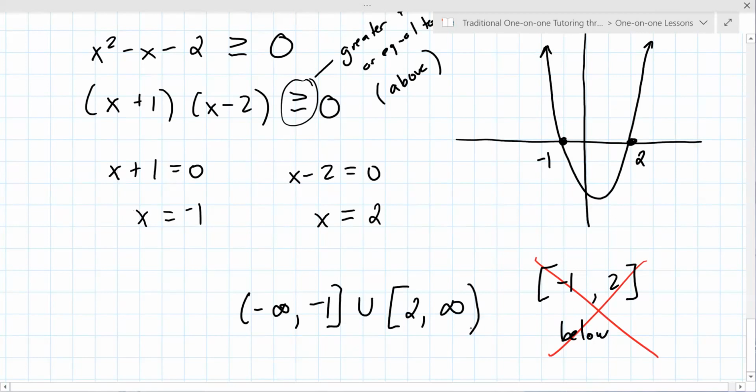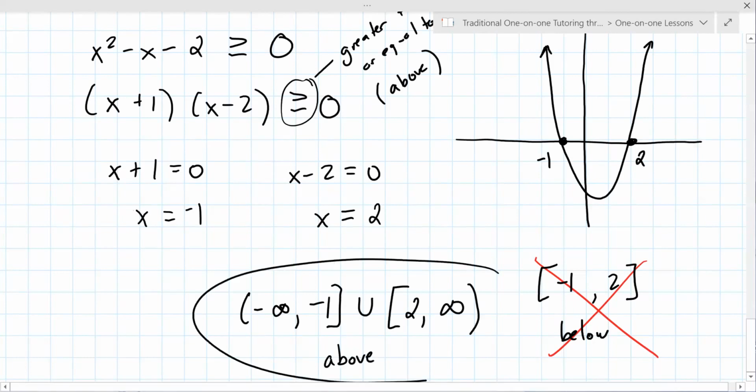Wait, what is that thing called? It's called the union operator. When you're doing above, it's going to be a union for these types of problems.